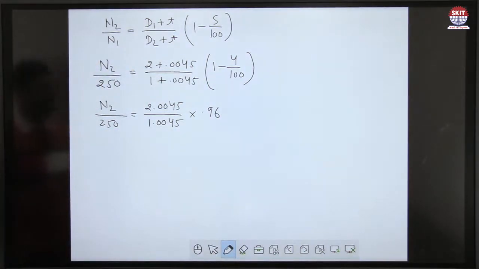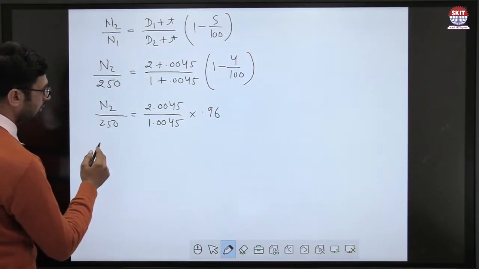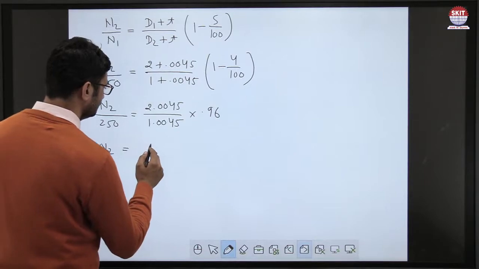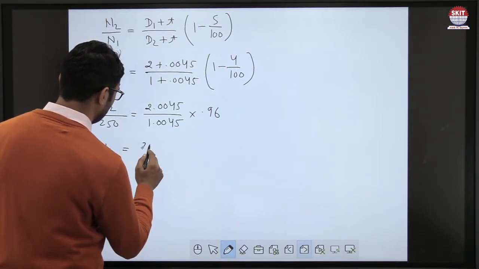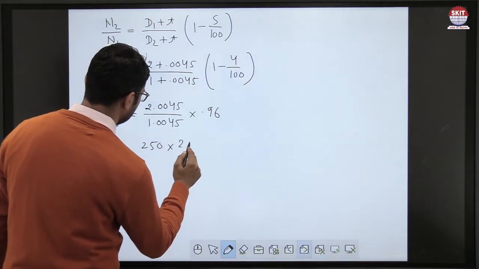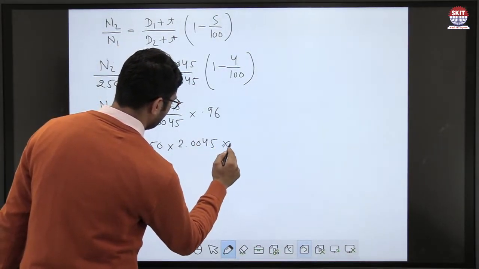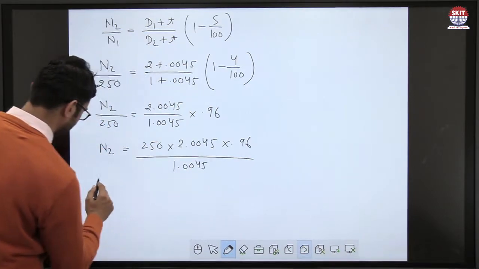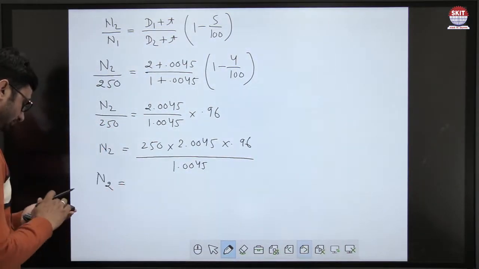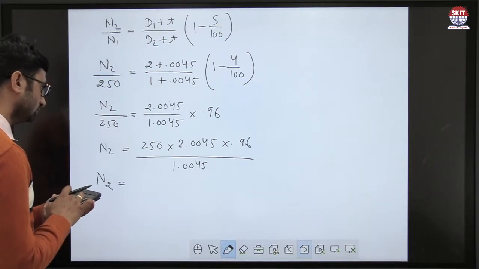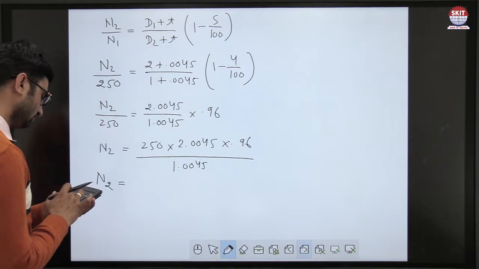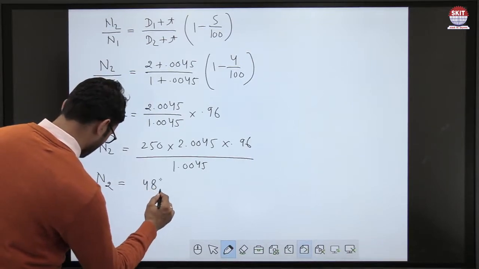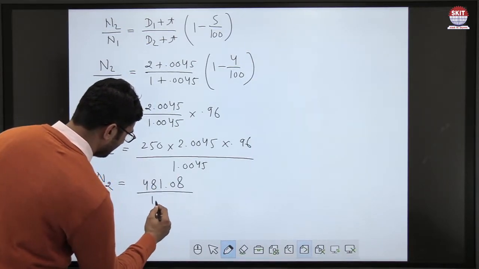So the value of N2 equal to 250 times 2.0045 times 0.96 divided by 1.0045. N2 equal to 481.08 divided by 1.0045.